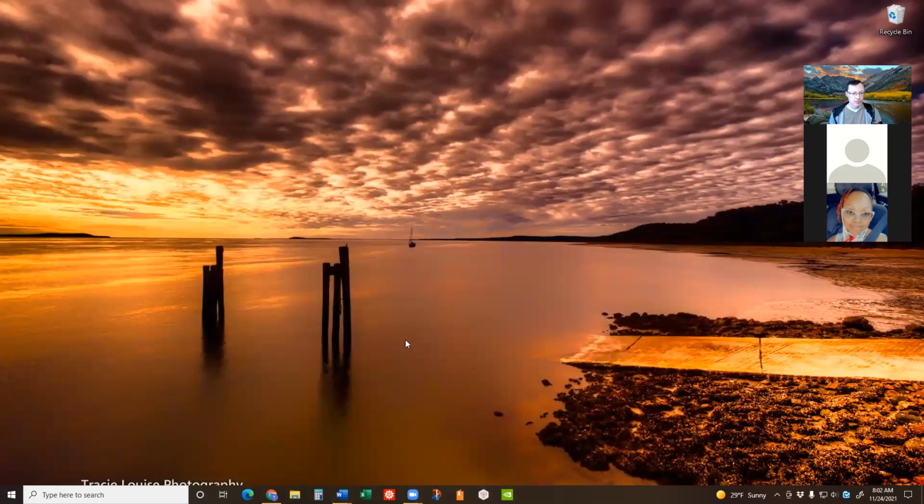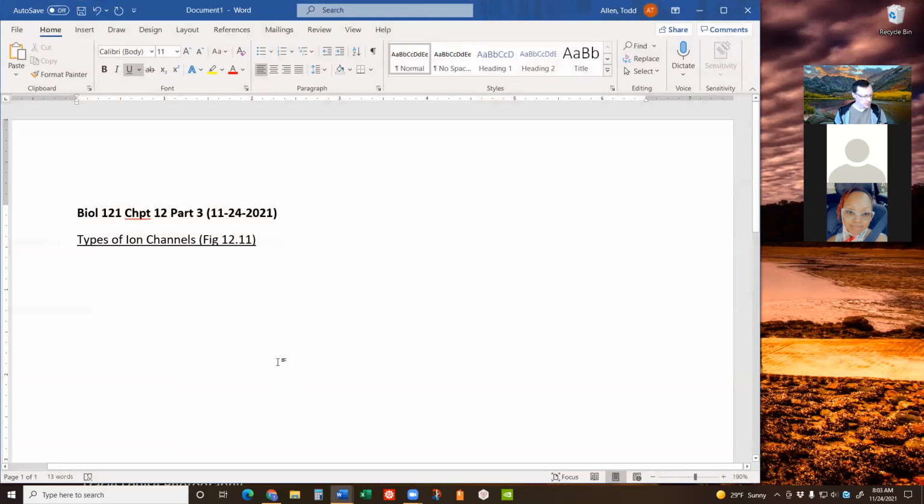I'm actually going to begin our conversation this morning talking about figure 12.11 in your textbook. As you look at figure 12.11, this figure is trying to introduce you to the various types of ion channels that exist and which can permit ions to move back and forth across the plasma membrane of cells.